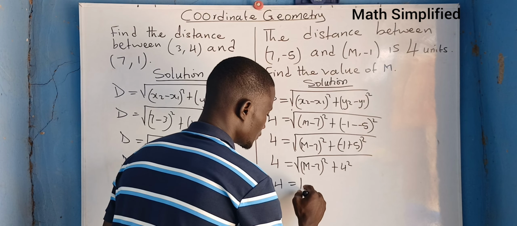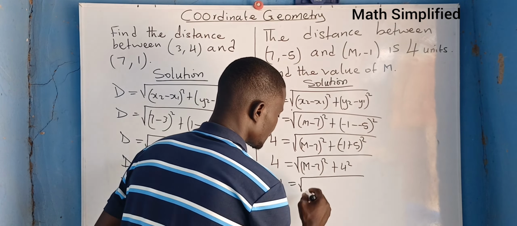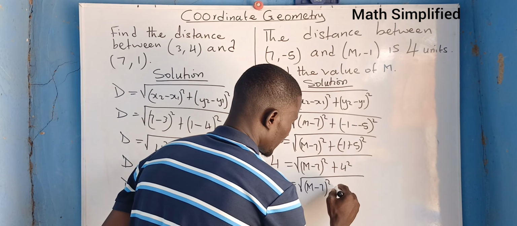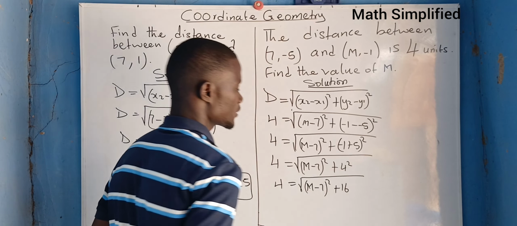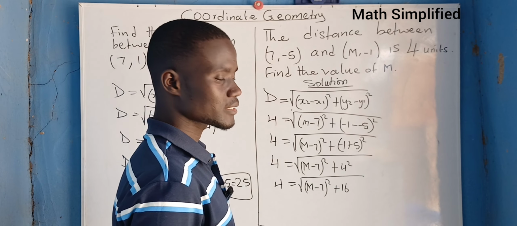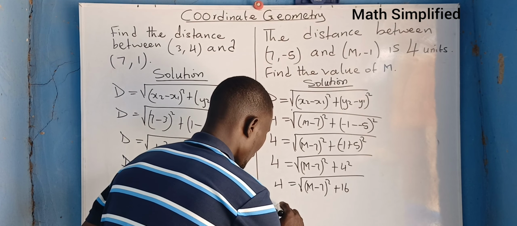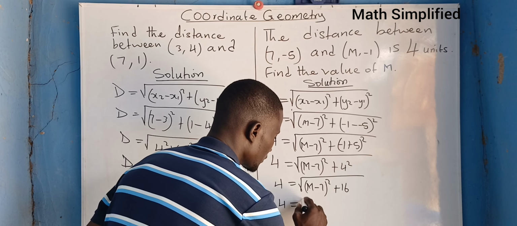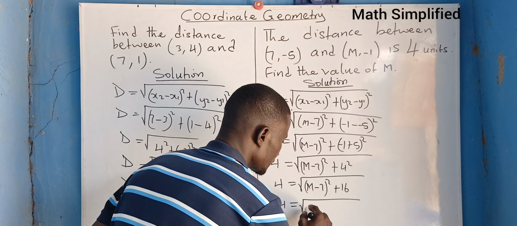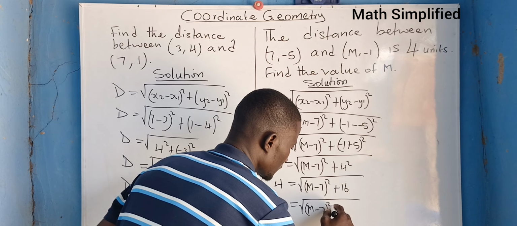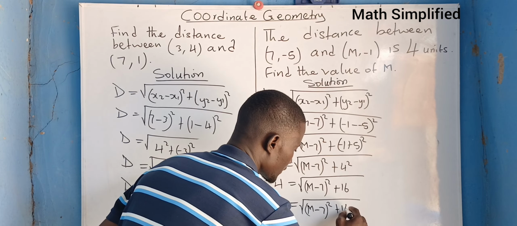We have 4 equal to the square root of m minus 7 squared plus 16. 4 squared will give us 16.